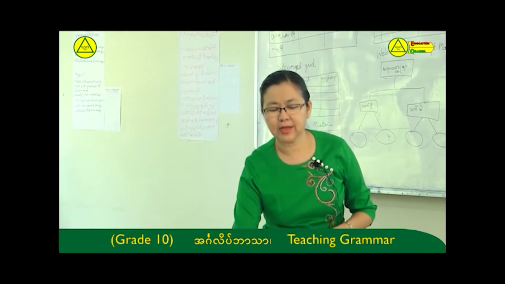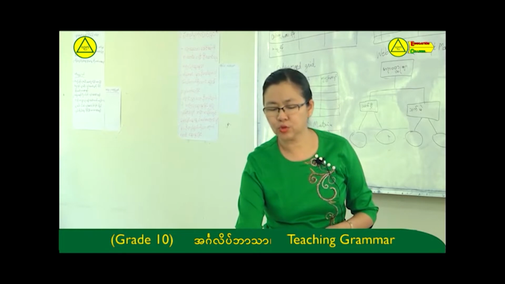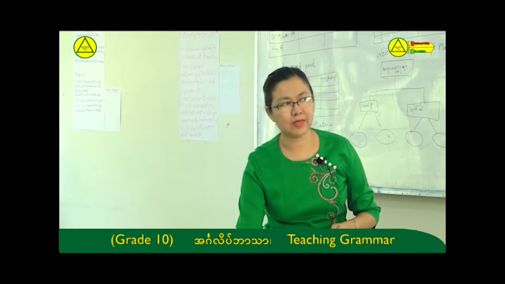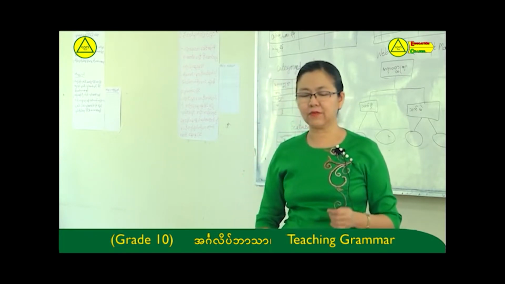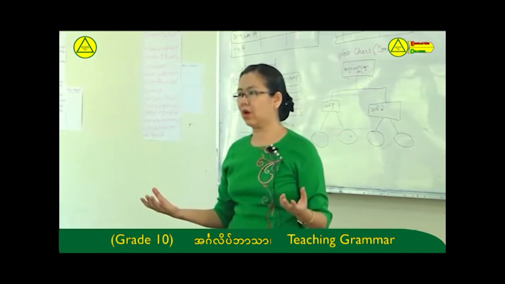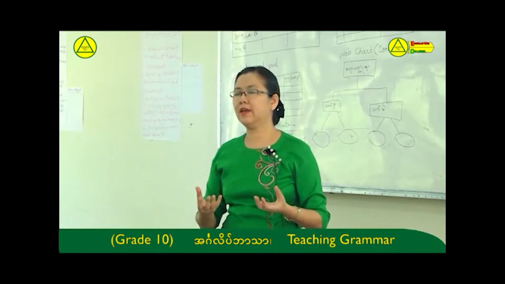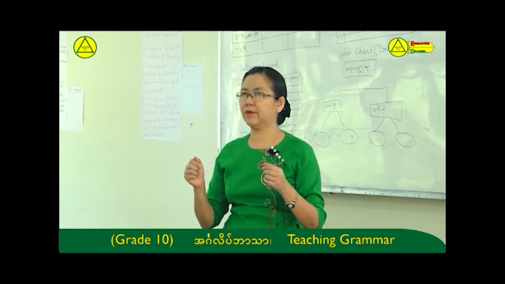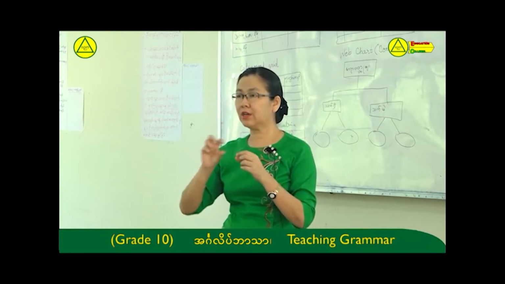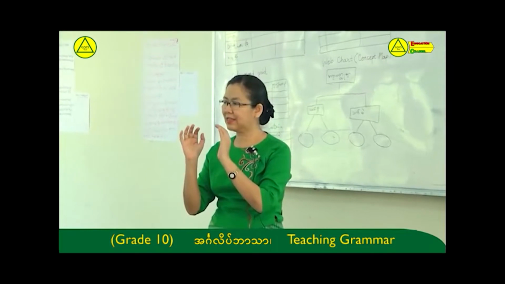Conditional clauses. A conditional sentence contains how many parts? Two parts. It means two clauses. The first clause is an independent clause. We can use it independently. It is not a dependent clause. Dependent clause means it cannot stand alone.